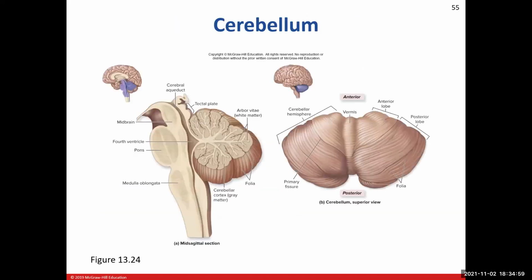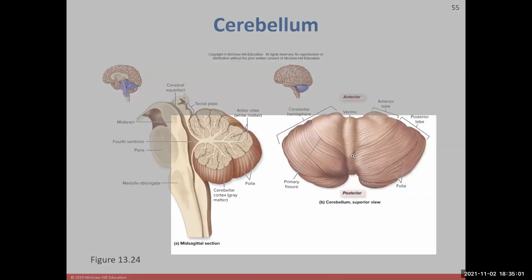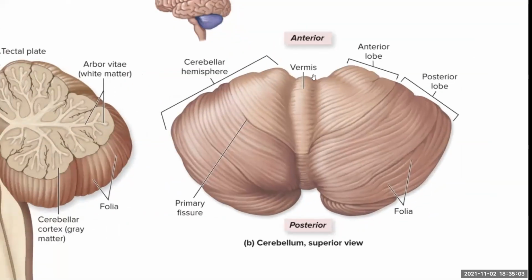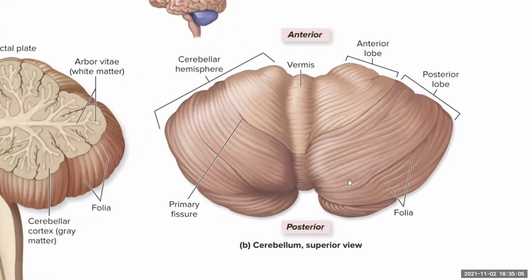So you can see it in this picture here. I'll go over here to the right first. Here's the anterior portion, the posterior portion. You have the folds here, there's the folia. Then over here on our right, that's our right cerebellar hemisphere, and then our left cerebellar hemisphere. In between the two hemispheres, we have our vermis, and what divides the anterior portion of the cerebellum from the posterior portion is that primary fissure right here.